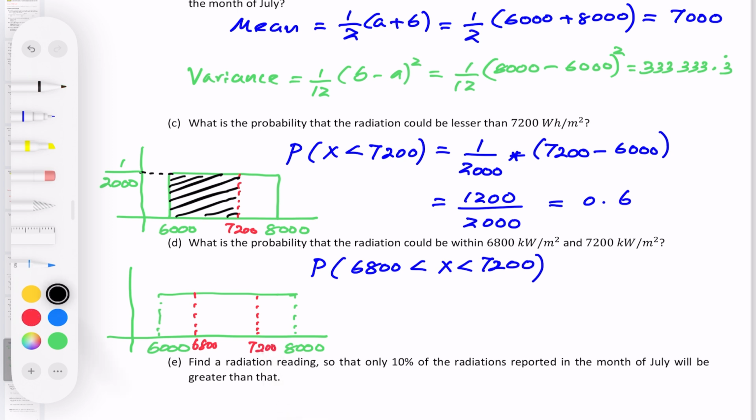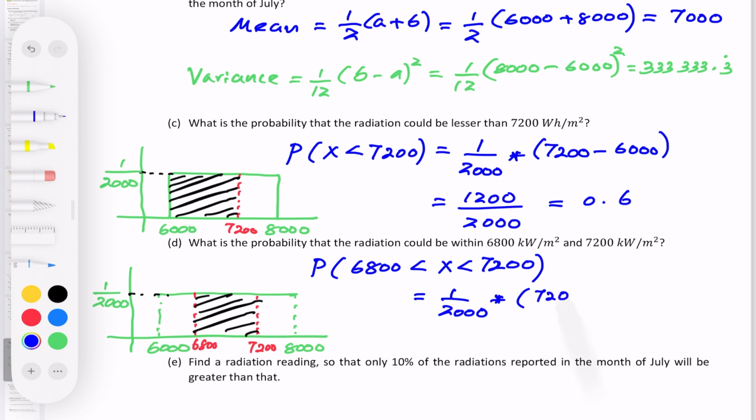So I need the area of this shaded rectangle. Rectangular areas are always easy to find. Those are going to be equal to one side times the other side. We know that the height right here is equal to 1 over 2,000. Therefore, the area of the rectangle should be 1 over 2,000 times 7,200 minus 6,800.